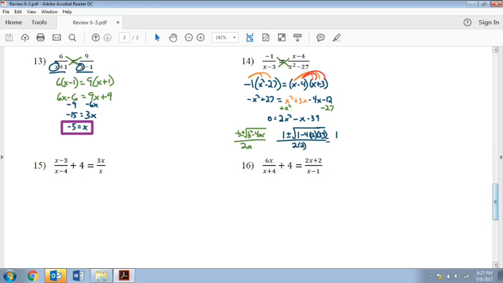Which equals 1 plus or minus the square root of 1 minus 4 times 2 times negative 39. Oh, that's a negative 39.